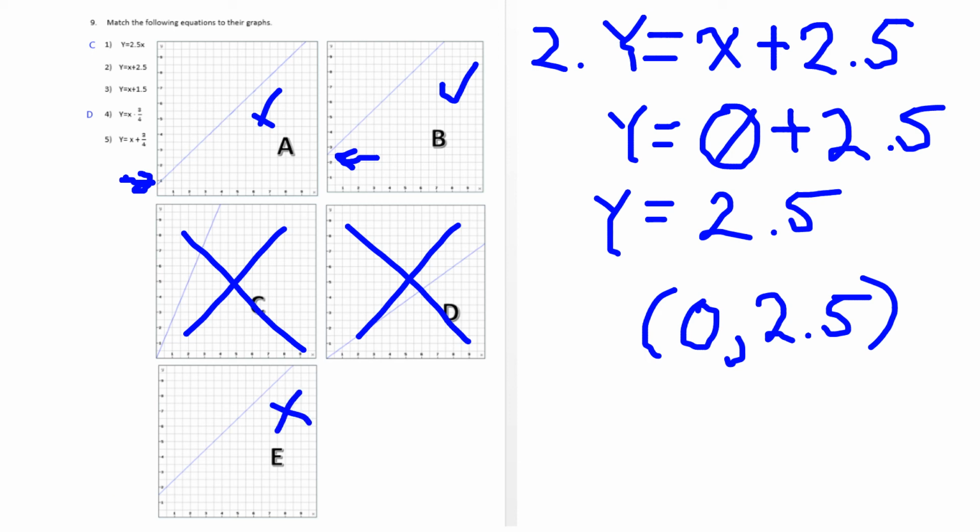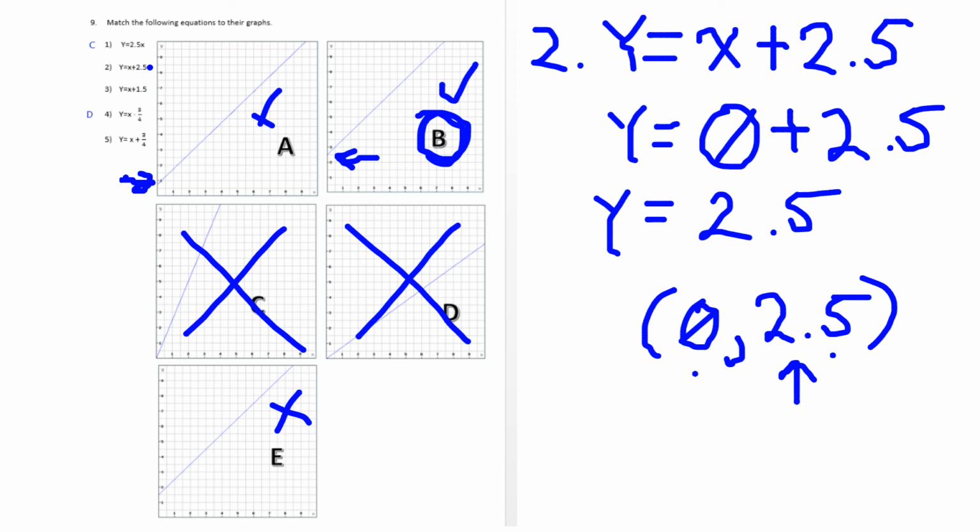So if I had to say which one, when x is equal to 0, y is equal to 2.5, the only one that fits that is answer B. So for number 2, for y is equal to x plus 2.5, when x equals 0, y is equal to 2.5. So therefore, I'm going to choose B to be that answer.